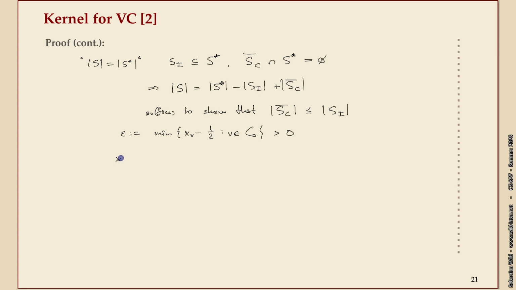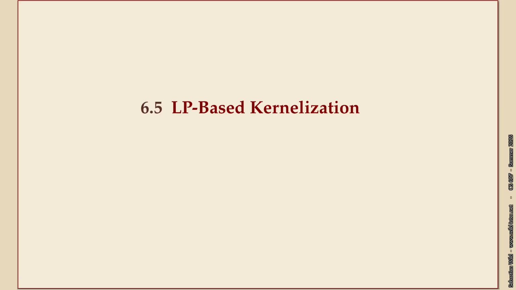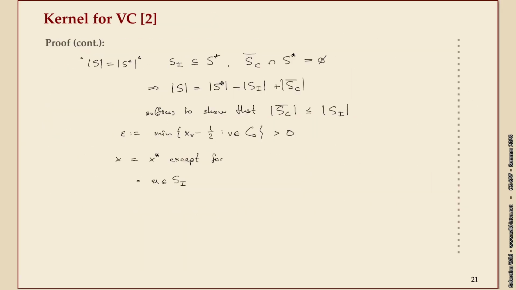And so now we'll define some new vector, which is the same as x star, except for some entries. So when we have a vertex in Si, then we set this, let's call this x prime maybe.